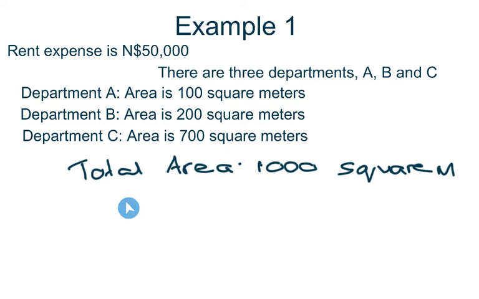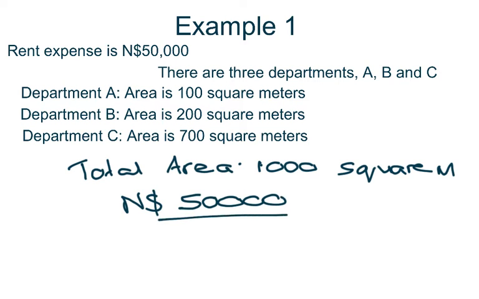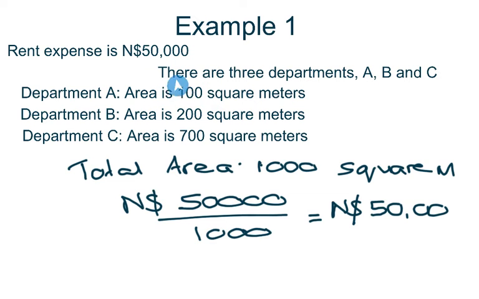So I will write my total expense is 50,000, and that will be for 1,000 square meter. All right, and then I will say my total expense per square meter is $50. So in other words, my rent expense per square meter is $50. So now it becomes easier, because now we can say for 100 square meters, I will simply multiply the 100 with $50, because $50 is for 1 square meter.